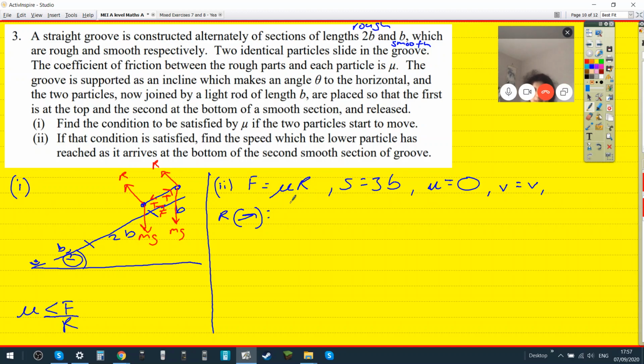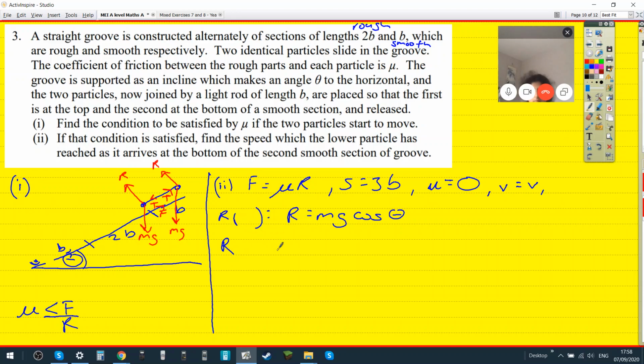Okay, so would that just be 2R minus 2mg cos theta is equal to 0? I'll just give you R is equal to mg cos theta once you've simplified. R equals mg cos theta. And then T minus F plus mg sine theta, resolving.